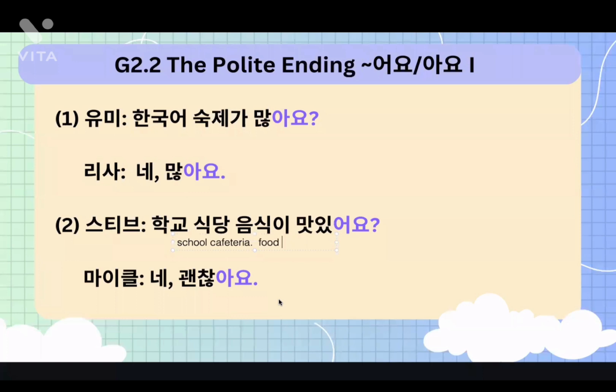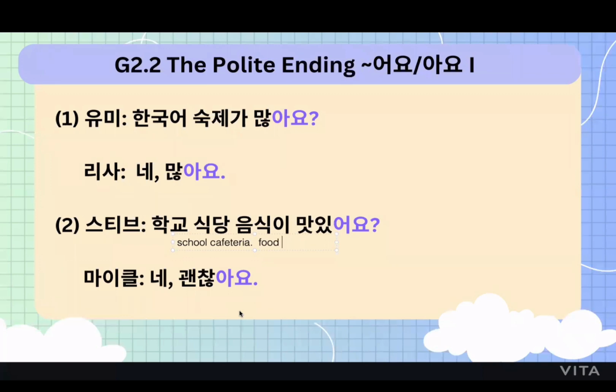자, so Steve also asked 맛있어요, and Michael said 괜찮아요, not 맛있다, or Michael didn't say 네, 괜찮다. 그렇죠? So the structure of a predicate consists of a stem and an ending.